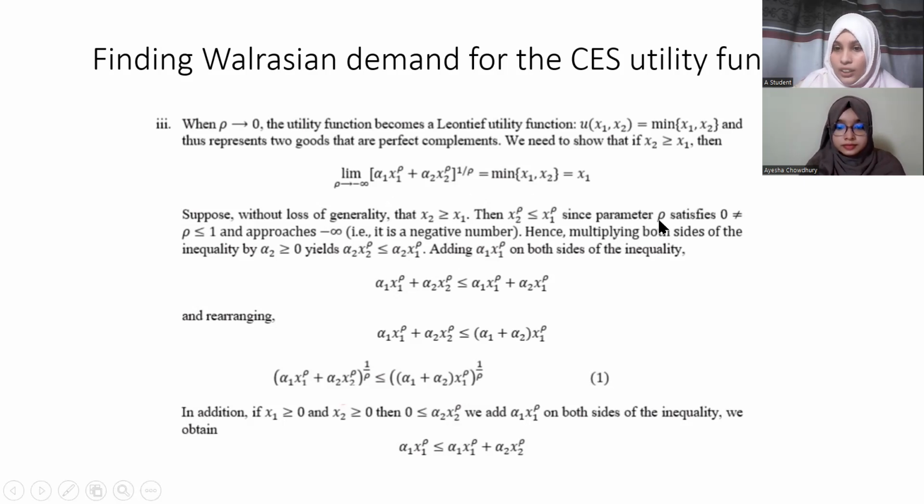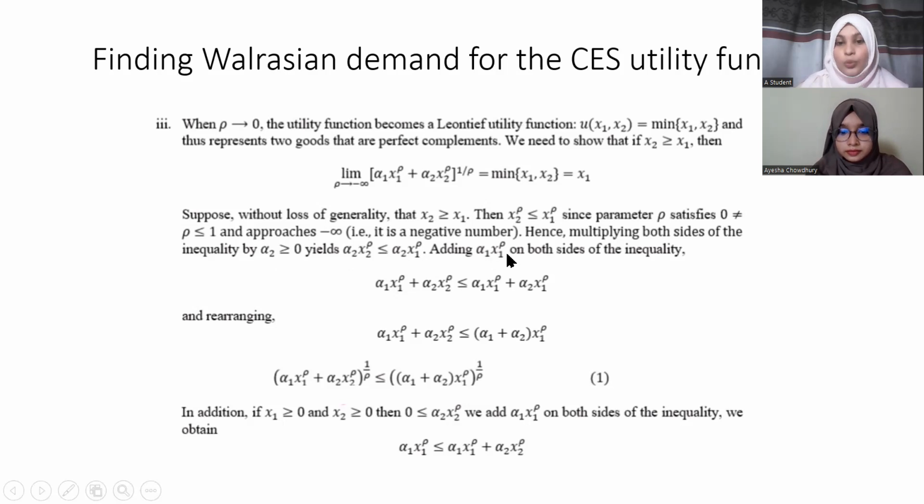Since parameter rho satisfies rho less than 0 and approaches negative infinity, it is a negative number. Hence, multiplying both sides of the inequality by alpha 2, which is greater than or equal to 0, yields alpha 2 x2 to the power rho less than or equal to alpha 2 x1 to the power rho.